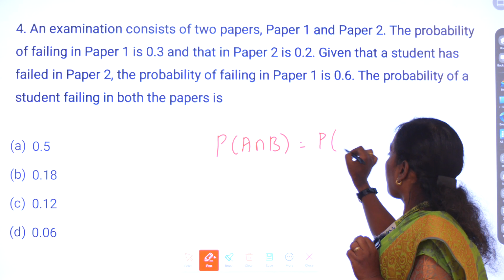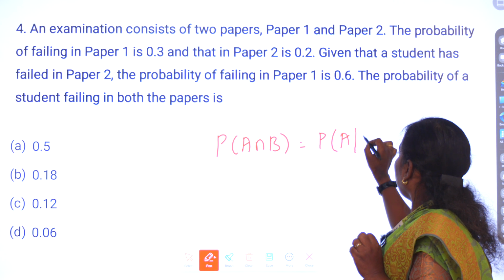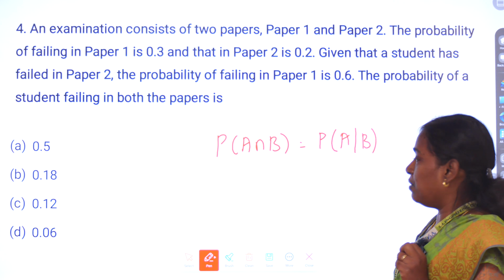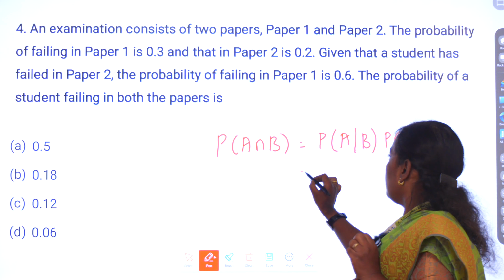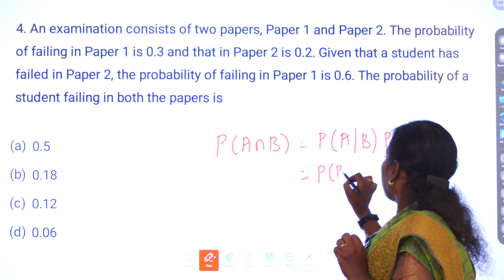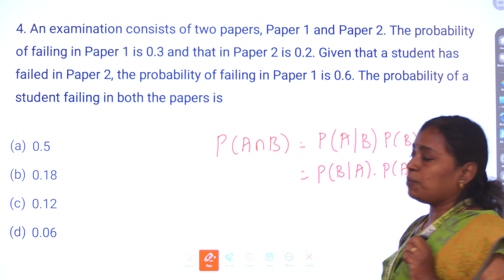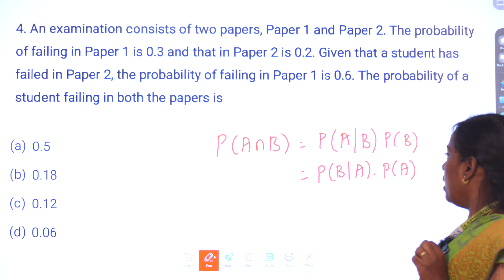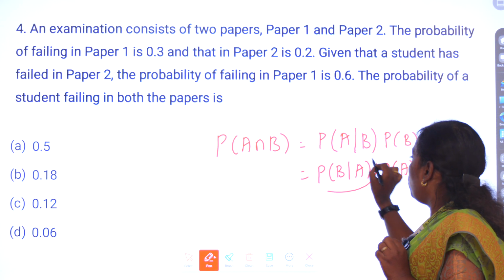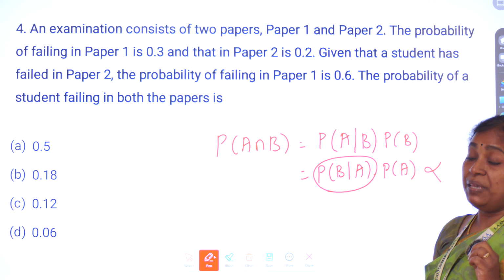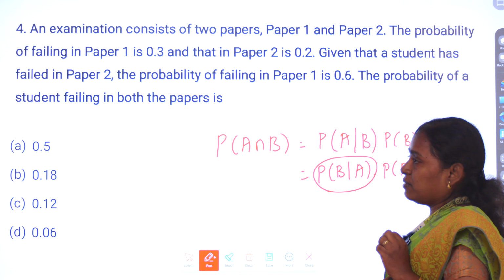P of A intersection B is P of B given A into P of A, or P of A given B into P of B. Actually, we have two formulas which we saw in the multiplication rule, but the first is not applicable because we don't know P of B given A. We know only A given B, so only this is applicable.